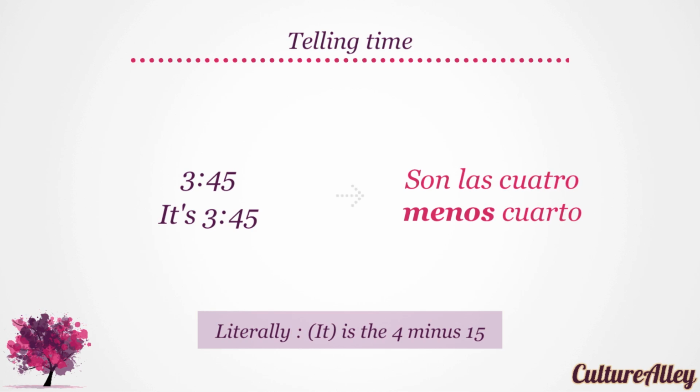It's 3:45 becomes son las 4 menos cuarto. Can you say that? Son las 4 menos cuarto. The literal meaning of son las 4 menos cuarto is the 4 minus 15, or 4 minus quarter.